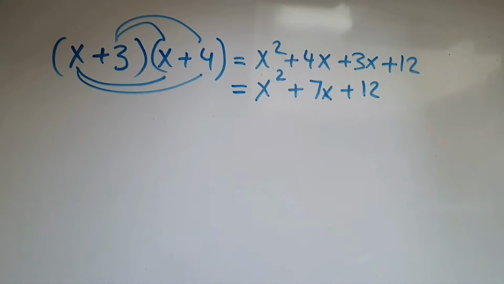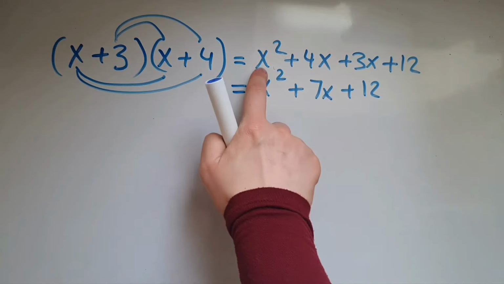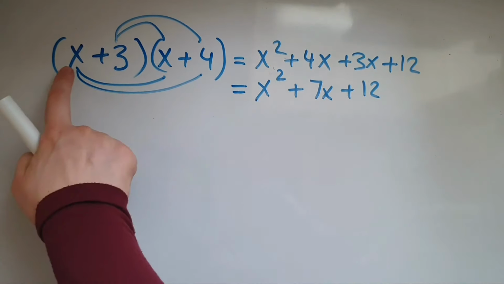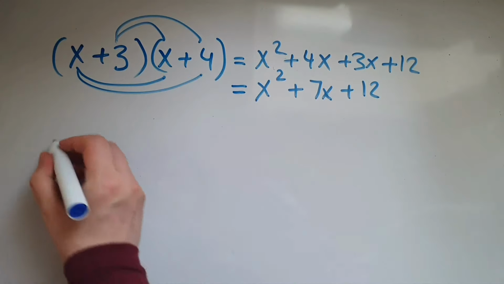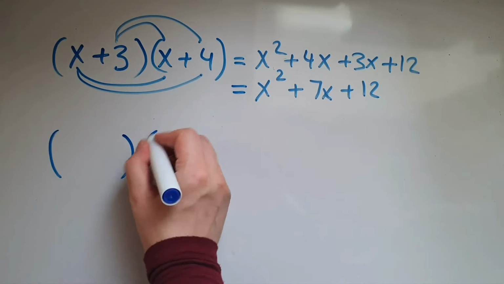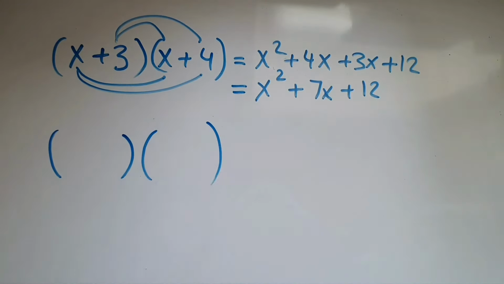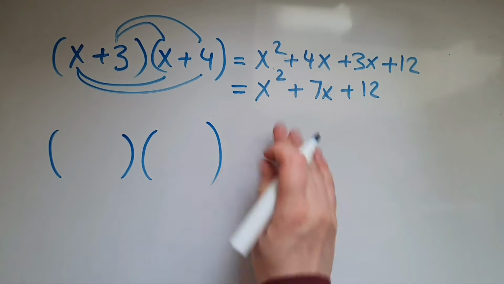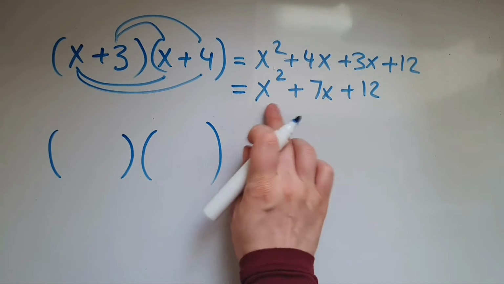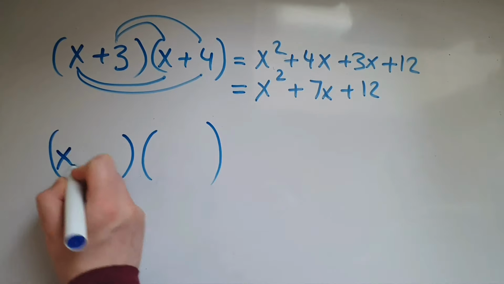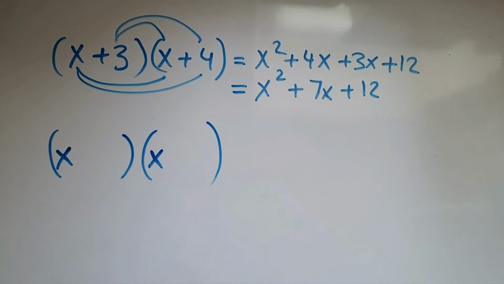So if we just stop for a minute and have a look at the patterns, what do we have? We've got x squared here, which is naturally the multiplication of two x's. So if I am to reverse this process, starting from x squared, I'd put x and x.